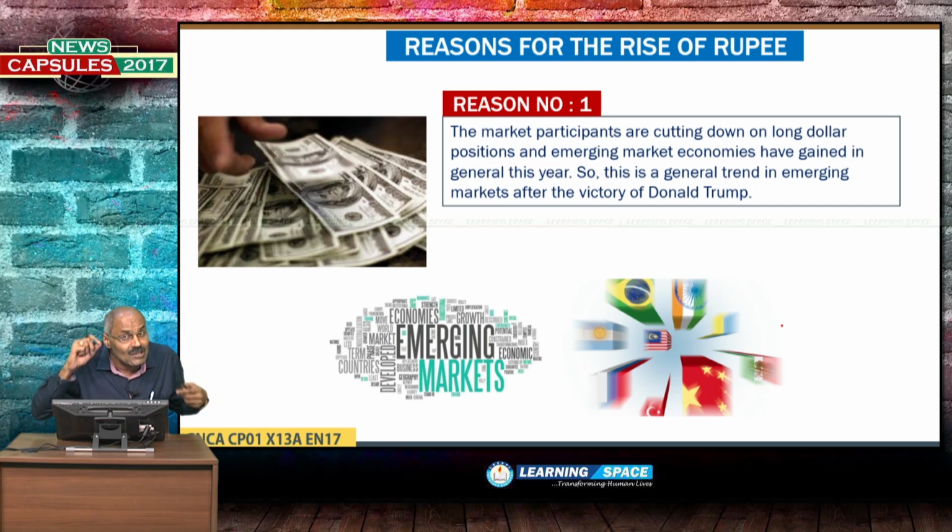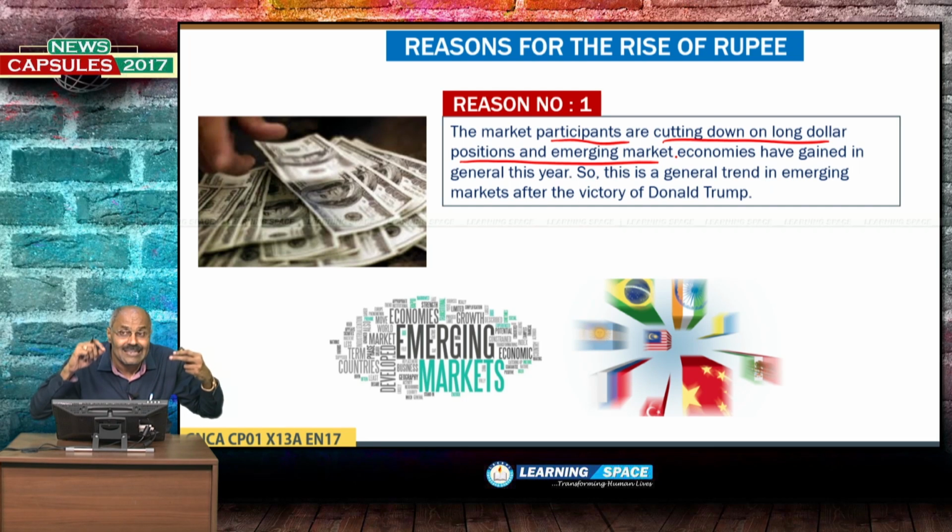In addition to this, I am explaining various reasons. The market participants are cutting down on long dollar positions. That means the market participants, or you can say brokers, or the persons who are taking positions in currency markets, are cutting down on long dollar positions.